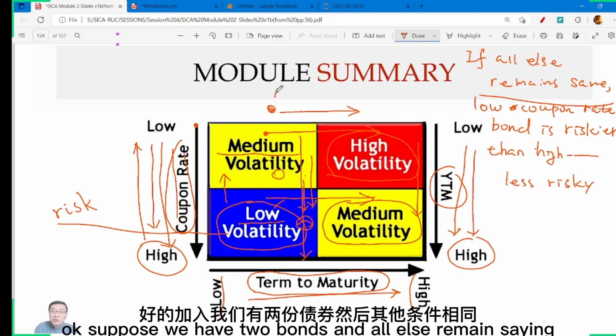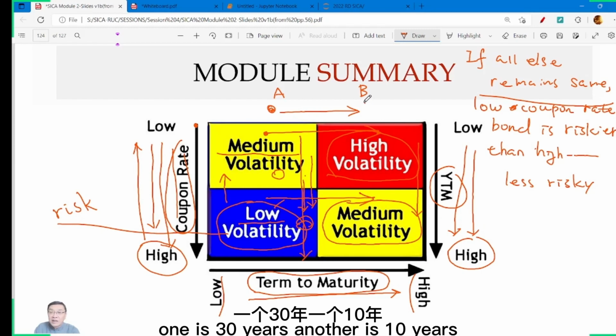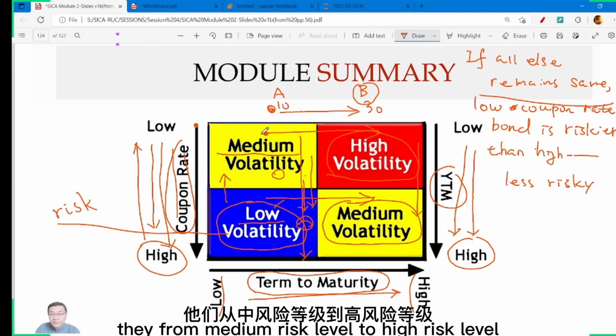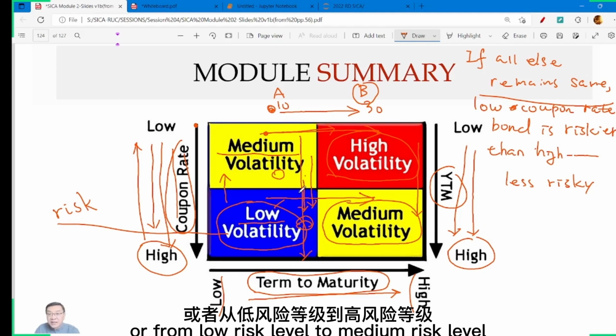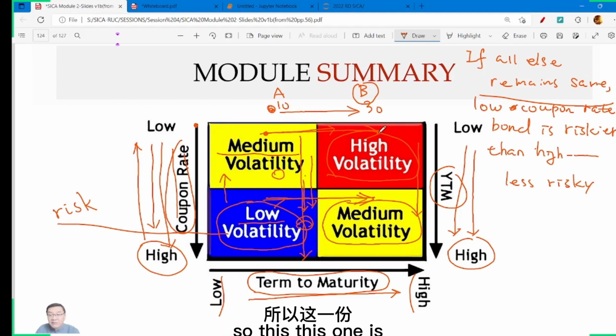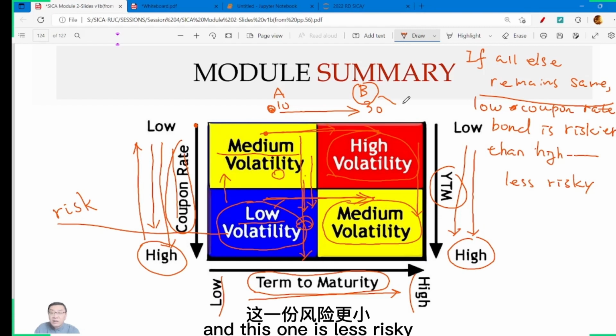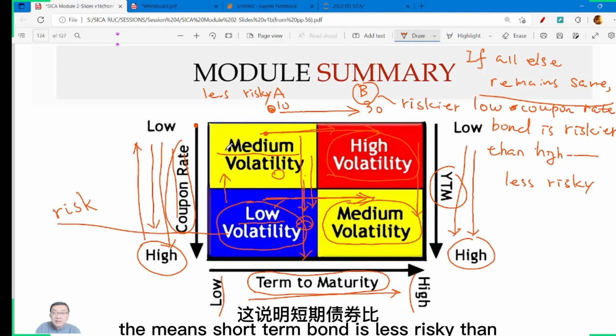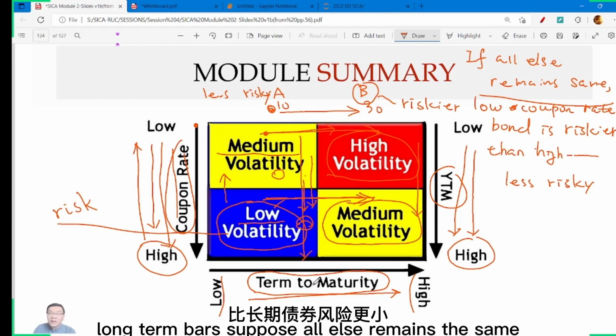Suppose we have two bonds and all else remains the same. One is 30 years, another is 10 years. By this graph, we find they go from medium risk level to high risk level, or from low risk level to medium risk level. So this one is riskier, and this one is less risky. That means short-term bonds are less risky than long-term bonds, supposing all else remains the same.